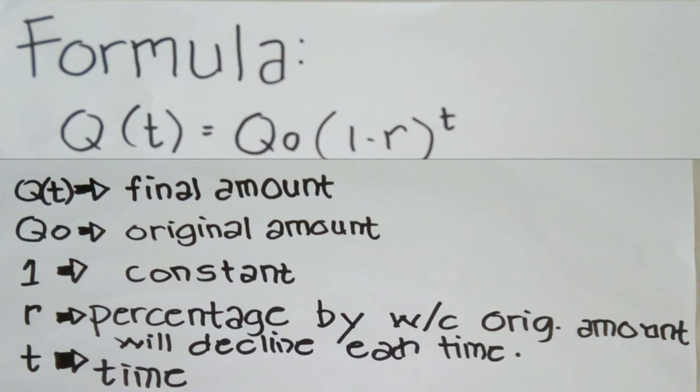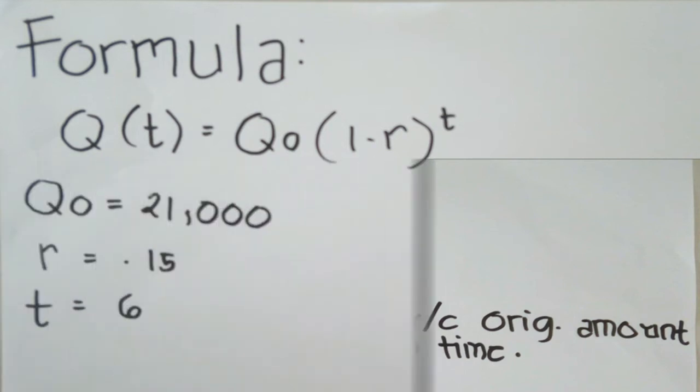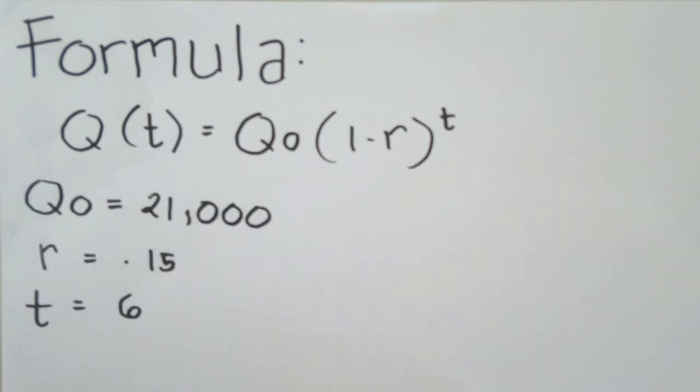In this example, Q sub O is 21,000, the rate by which the original amount will decline each time is 15% or 0.15, and the time is 6 years.